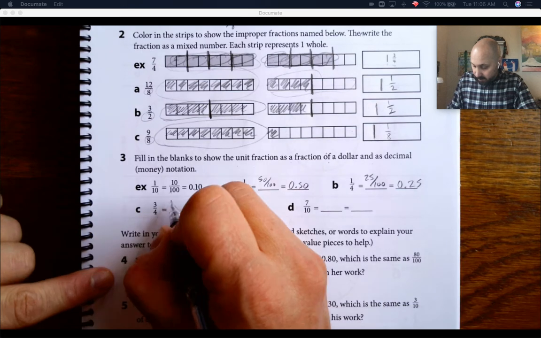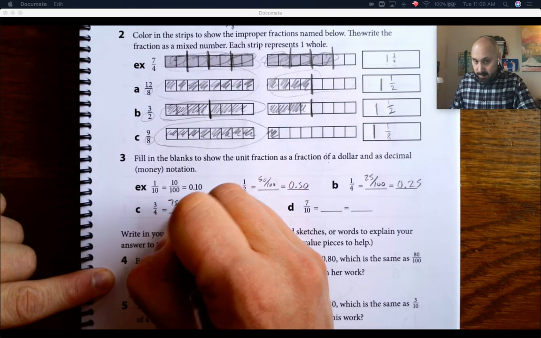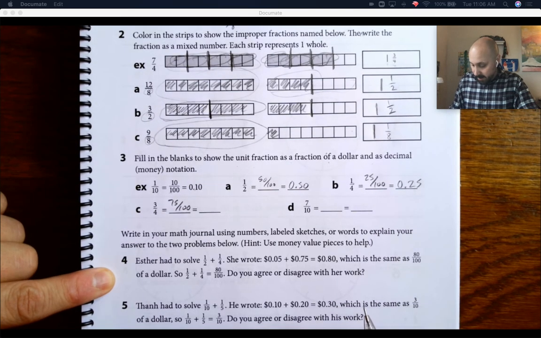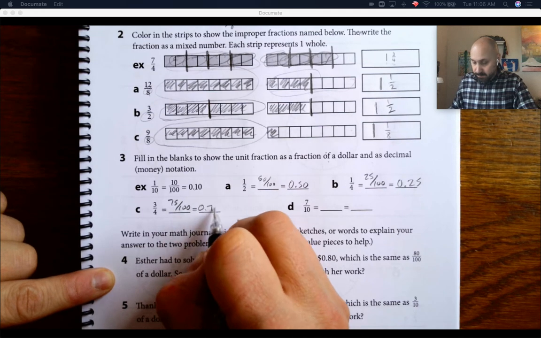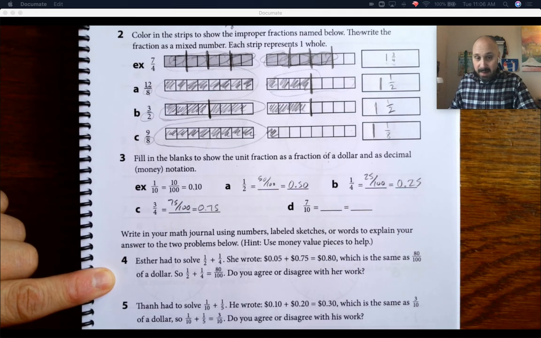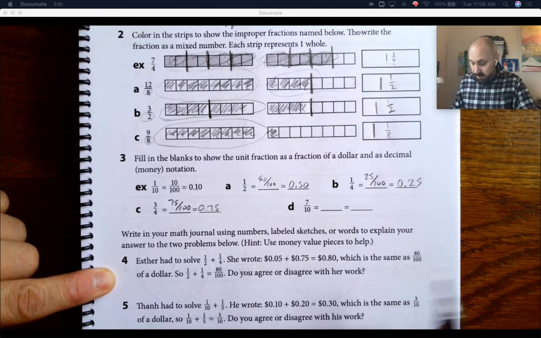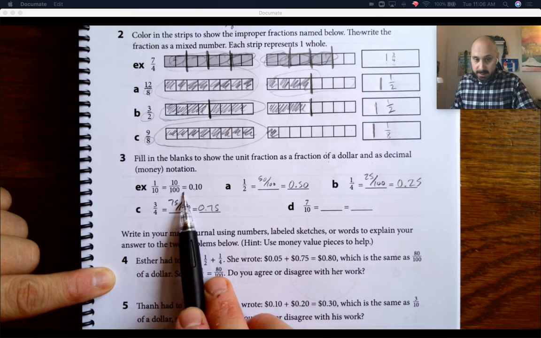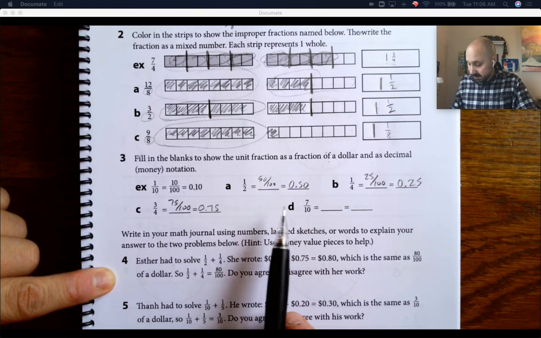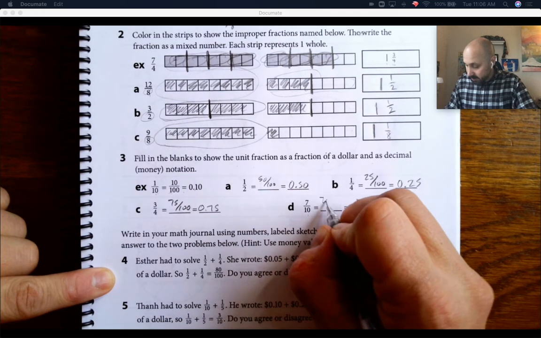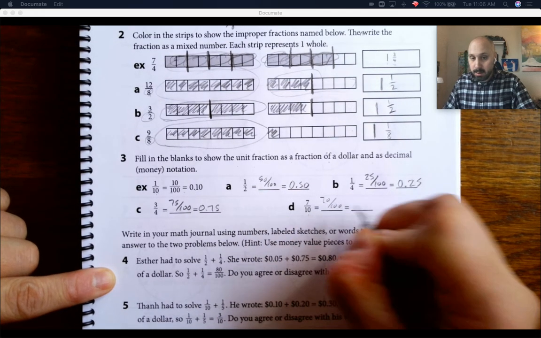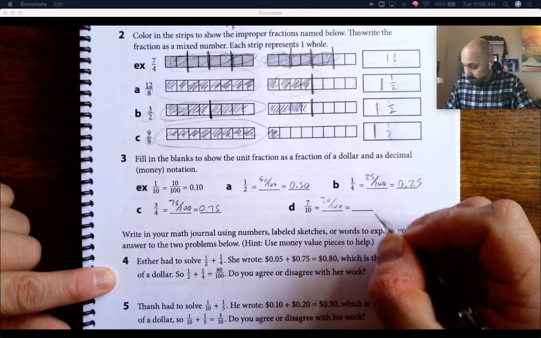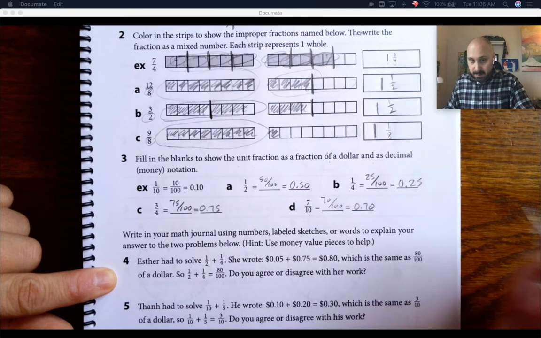So 3/4 is 75 hundredths, which is the same as 75 cents. And then 7/10, just like their example, 1/10 is 10 hundredths. So 7/10 would be 70 hundredths, or 70 over 100, which is 70 cents. Okay.